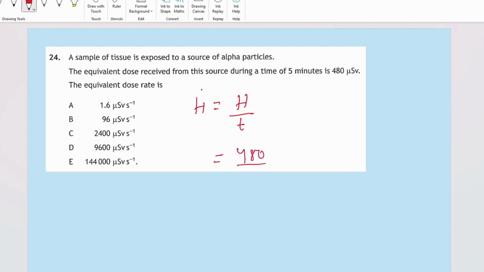Again, we're not converting since they give the options in microsieverts already. And T is seconds, so we have to convert this to seconds, so 5 times 60. And that gives us 1.6 microsieverts per second. So this gives us answer A.